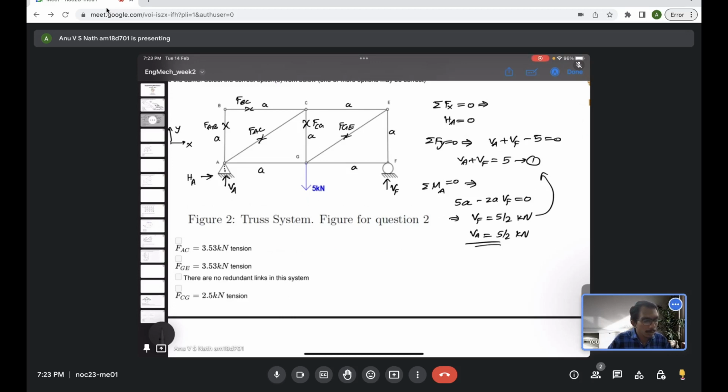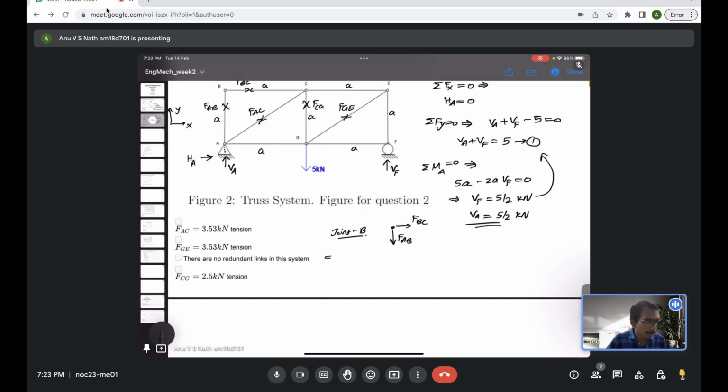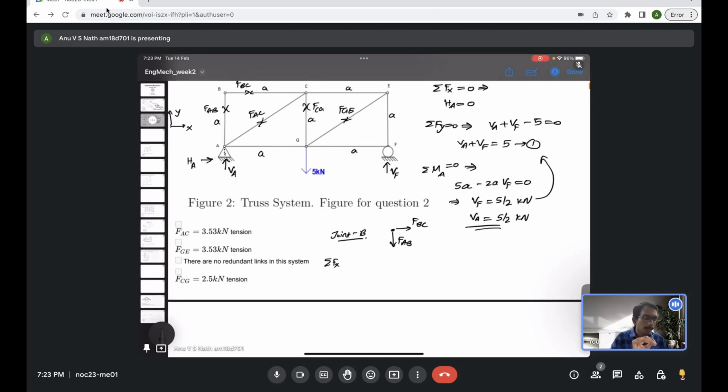Now let's think about joint B. At joint B, if you draw the free body diagram of joint B, you have FAB acting downward and FBC acting in the horizontal direction. Method of joints says that every joint should be in equilibrium.